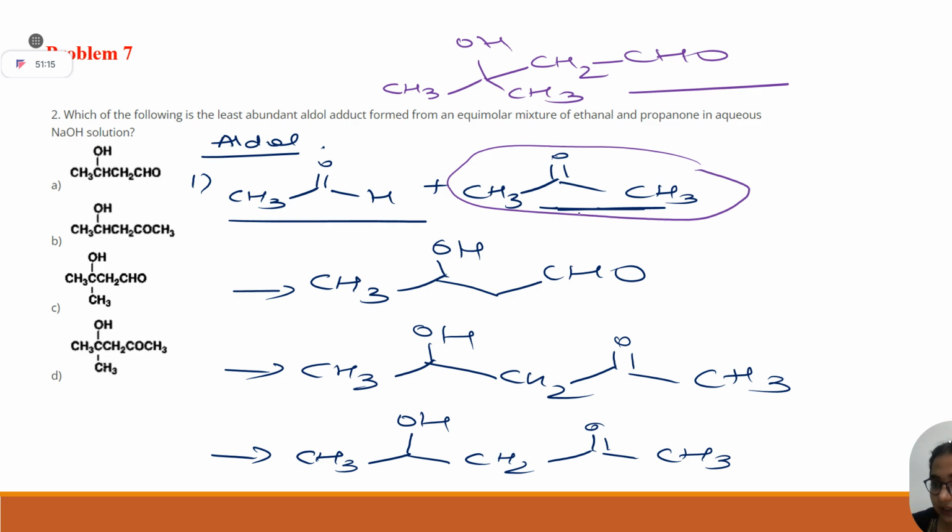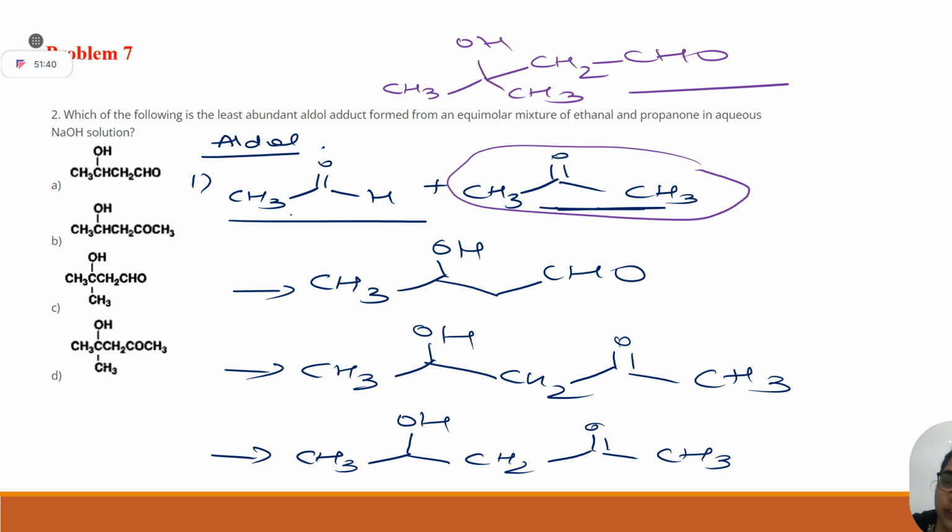All possibilities of self aldol are possible. If the reaction is taking place between the same molecule, it will be self aldol. If the reaction is taking place between the electrophile of one and the nucleophile of the other, that is, between the aldehyde or ketone of one compound and the enol of the other compound, that will be mixed aldol.